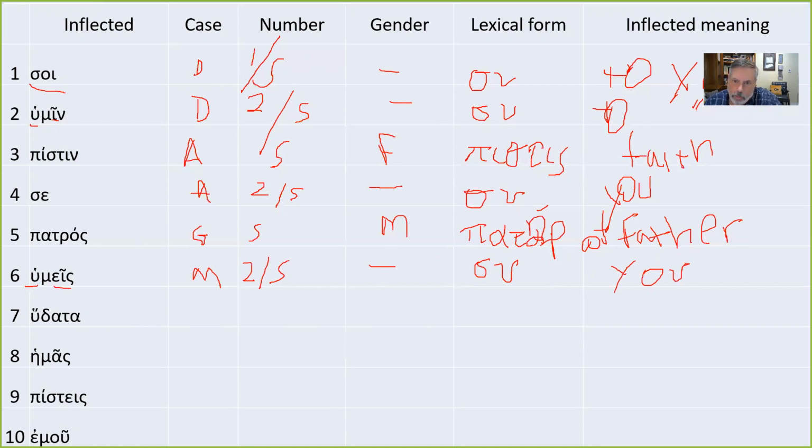Hudata, where's my pen at? There we go. That is, of course, in the accusative case, or actually the accusative or nominative case. Remember the alpha ending case is for the third declension words.